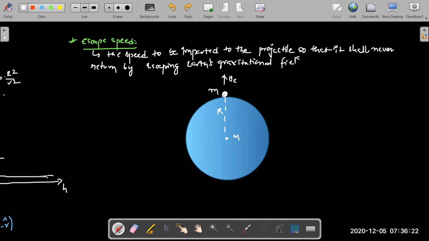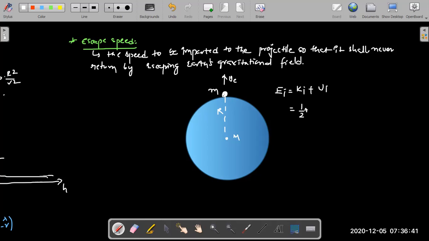In fact, if you see, initially at this particular point, what's the initial energy? Initial energy in this case is initial kinetic energy plus initial potential energy. Is that right?